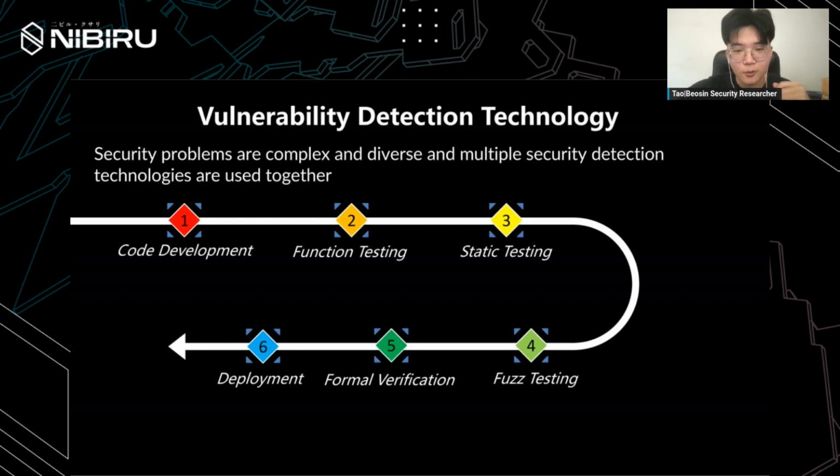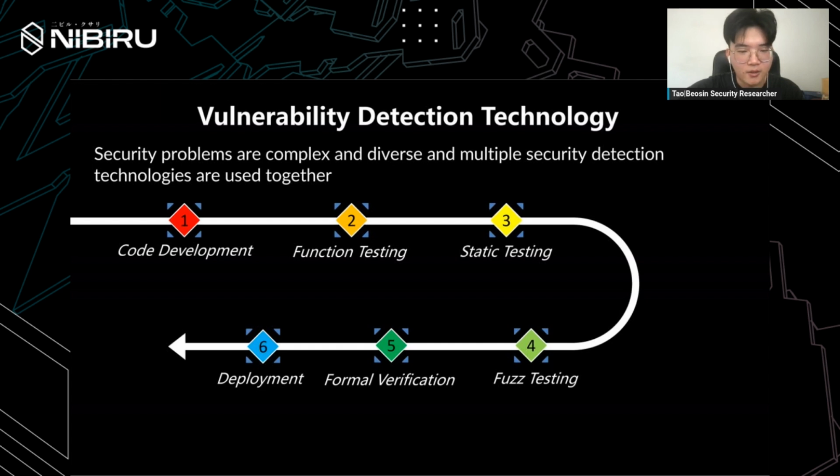During your code development, you will do the testing. You might do integration testing and function testing, and then you might do static testing, or you will ask security companies or security auditors to do the security static testing for you.